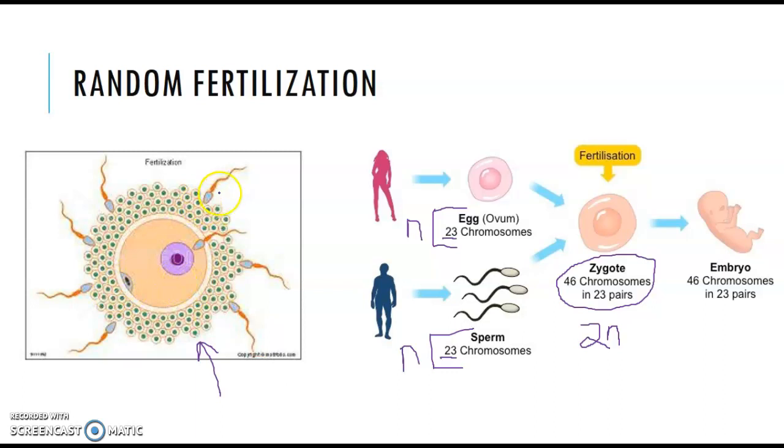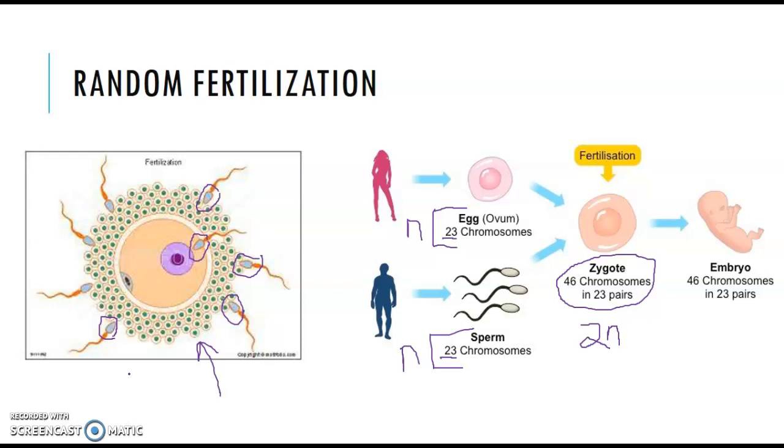Remember that all of these sperm can have different combinations of those alleles because of that independent assortment. Not all the chromosomes from mom and dad have to go together. So this sperm can be really, really unique. Any one of those sperm can fertilize that egg. It's random, and that's what random fertilization means.